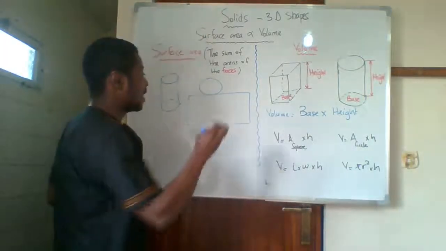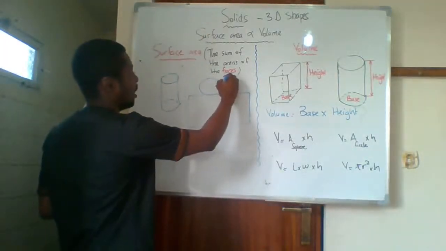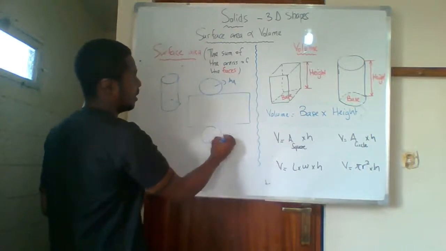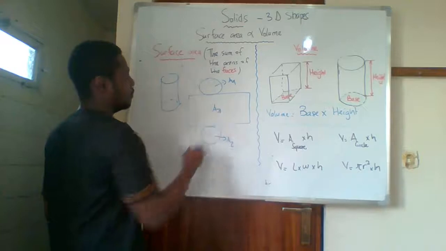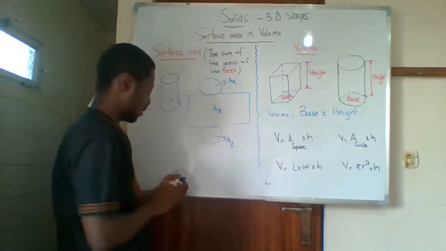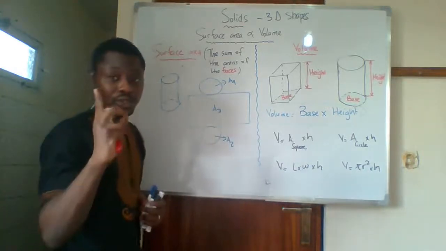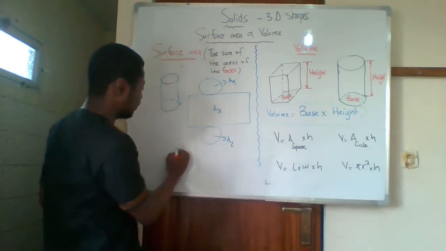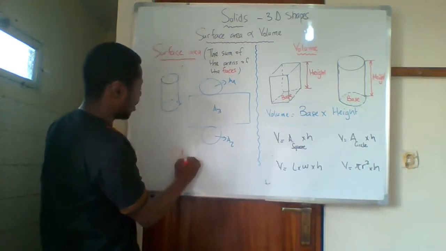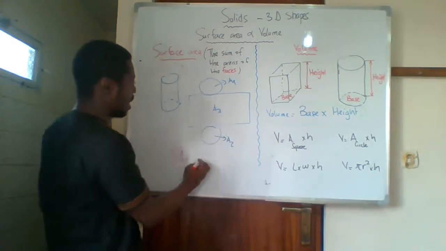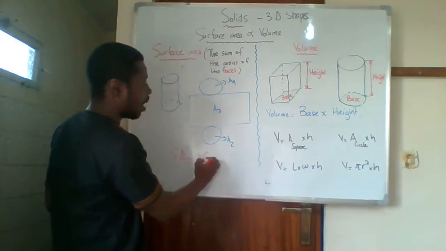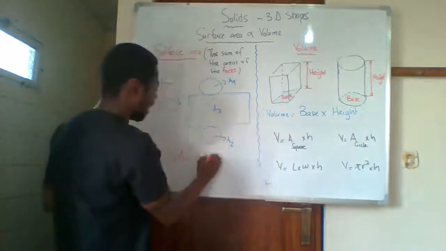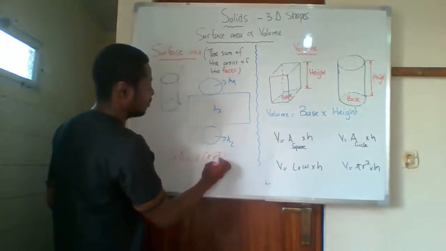Now to find the surface area, you need to find the area 1 here, area 2 here, and the area 3. And as you can see, we have the area of the circle twice. So the surface area of a cylinder is going to be equal to 2 times the area of a circle, which is pi times the square of the radius.